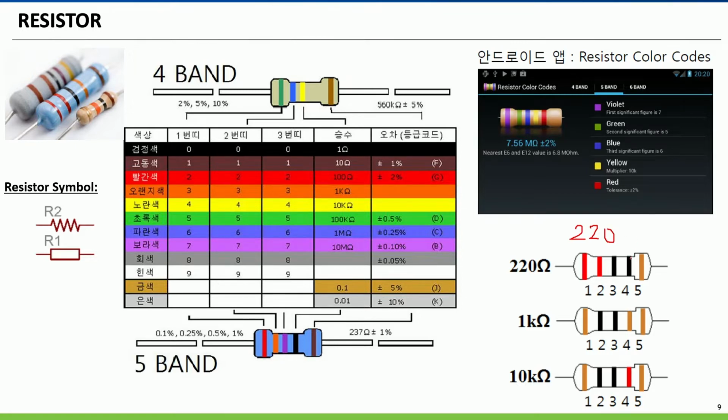And the last one is the multiplication, 1. So the value is 220 ohm, with tolerance this gold, plus or minus 5% value.